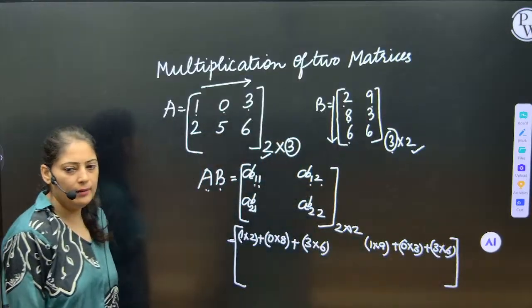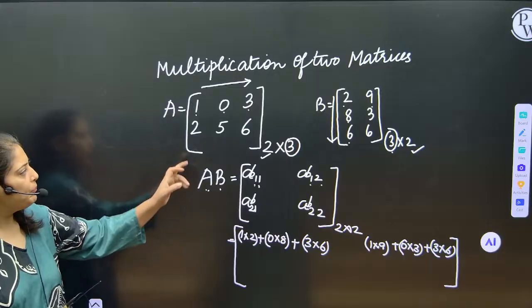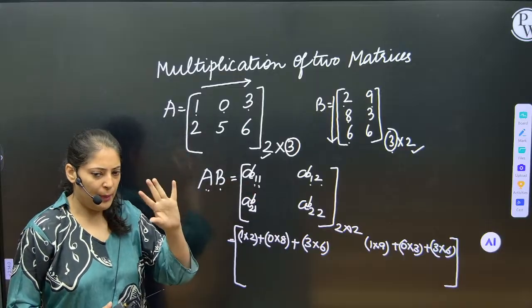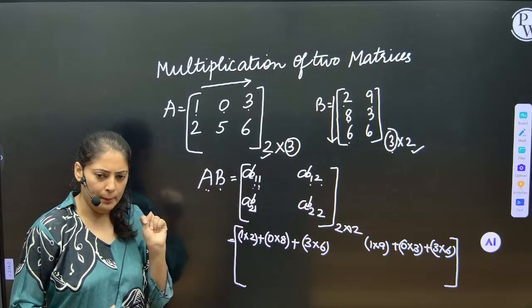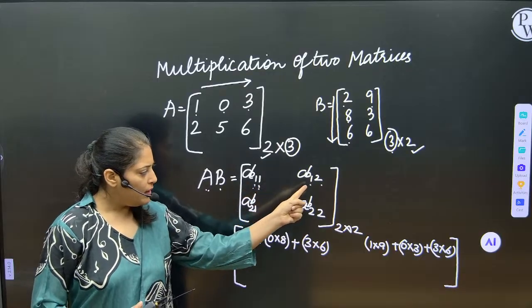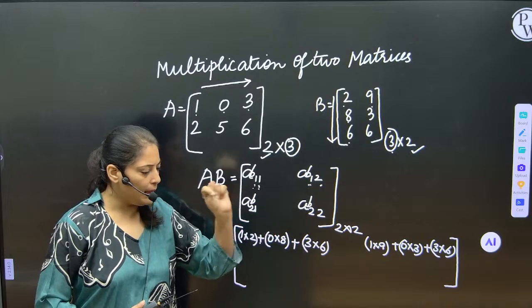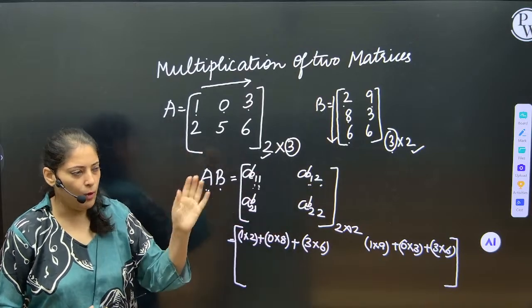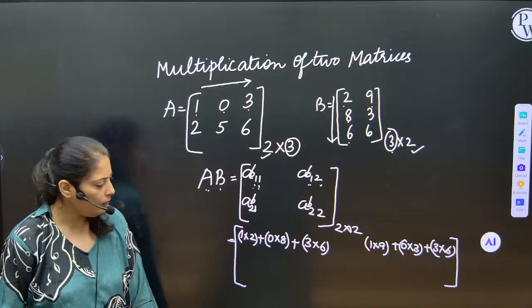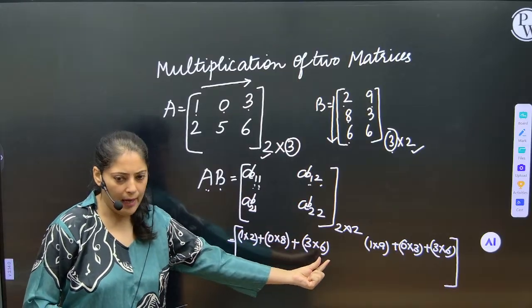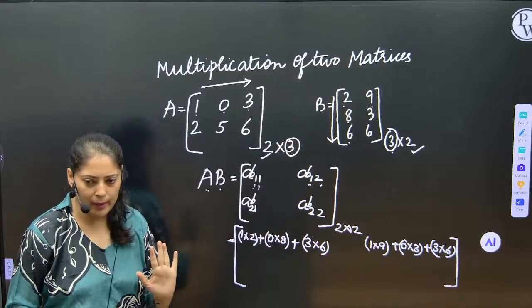See it once again. It is not completed, I am doing it. Repeating. First row will be multiplied with the first column. First row only will be multiplied with the second column of the next matrix with which we are multiplying. We will multiply the elements and a plus sign will be there in between.